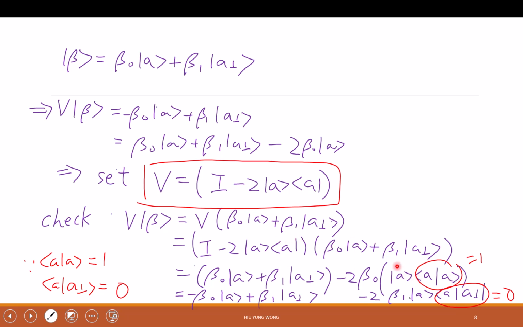But due to the associative rule, this can be grouped first, A inner product A. So this one becomes 1. Then you get negative 2 beta 0 A, this term. But how about the second term? This whole thing times this one. You do the same thing, negative 2 beta 1, and then A outer product A perpendicular. But you have inner product of A and A perpendicular, which gives you 0. So this term is gone. Good question. Any other questions?